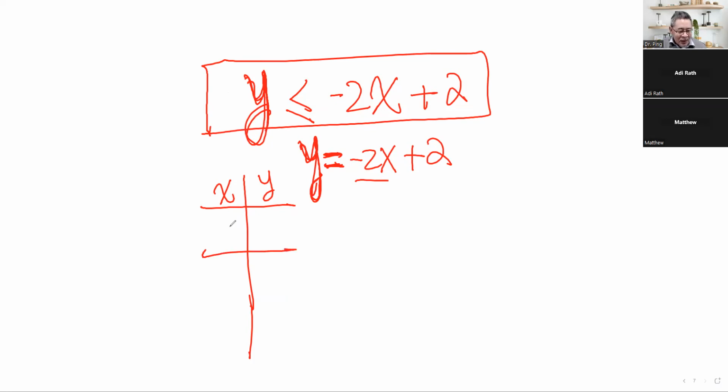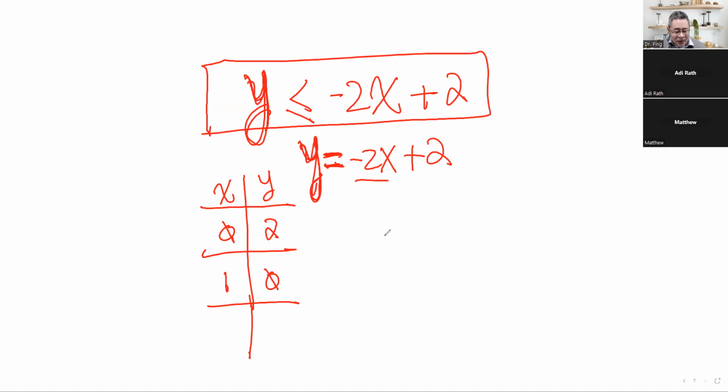We can say x equals 0, y is 2. If x is 2, then we get negative 2. I'm just picking those 2 points. Or you can do the x-intercept. In that case, y is 0, then x is 1.